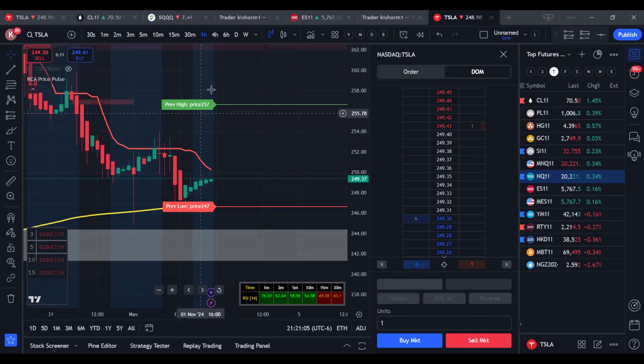And in case in the pre-market, if they take it above 257, they will bring it down. Or in the pre-market, if they take it below 247, then they will take it all the way up.